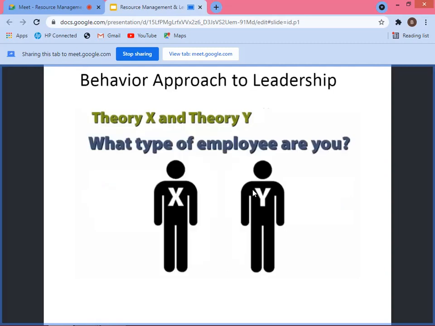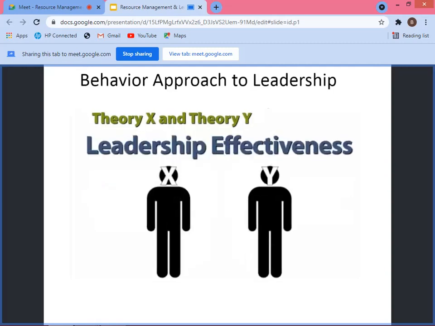Now, for the leadership to be effective, you have to identify which among your employee complement are X employees and which are Y employees, in order for you to be an effective leader.